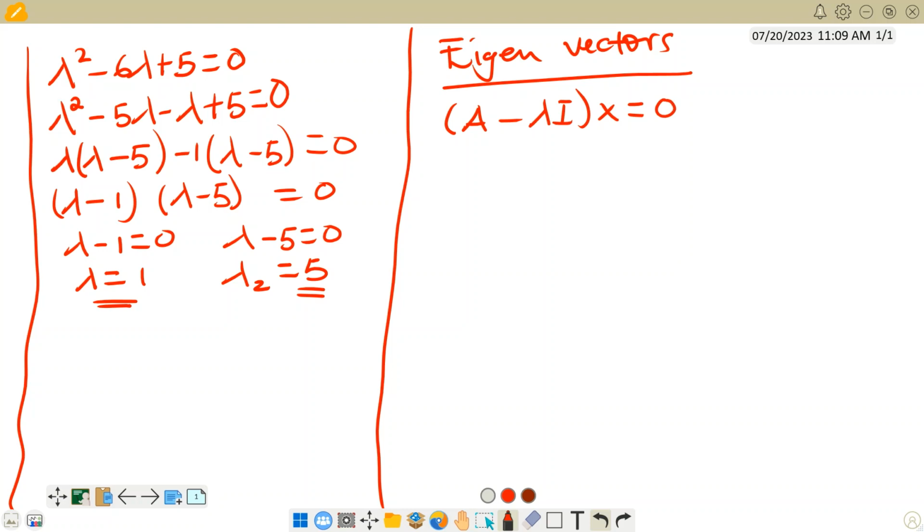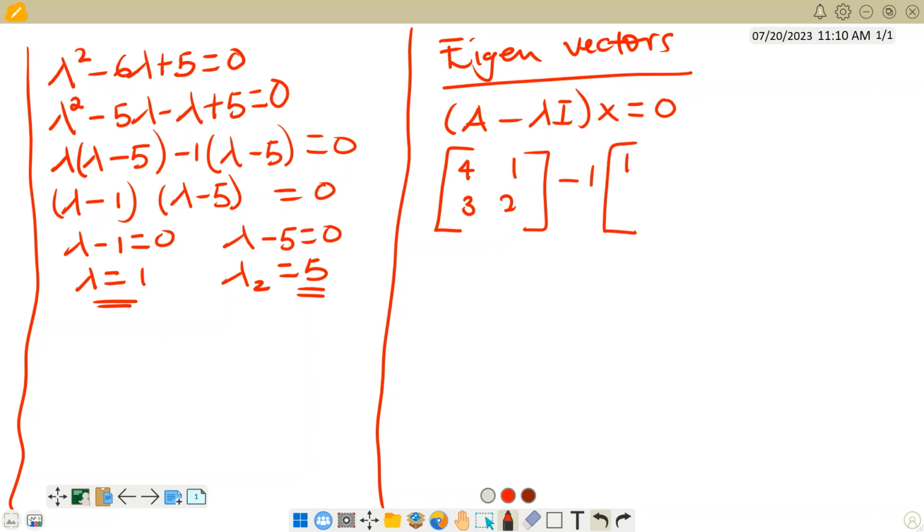Okay, so we know that our A is the same matrix 4 1 3 2. So let's work with the first lambda. Remember the first lambda is 1, so where there is lambda, we're going to put a 1.